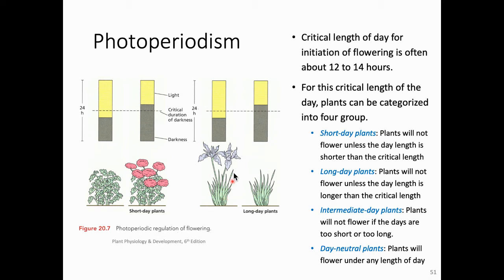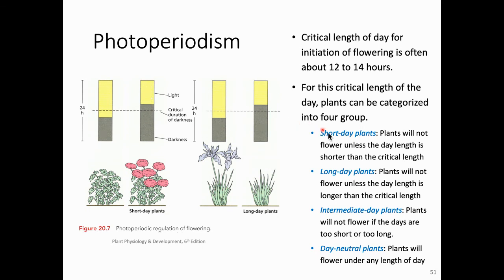Long day plants, whenever they receive a short night, they will flower. I talk about this because there are some experiments where there is some light in the middle of the night and the plant just responds differently. That's why I talk about the duration of the darkness instead of the duration of the night.